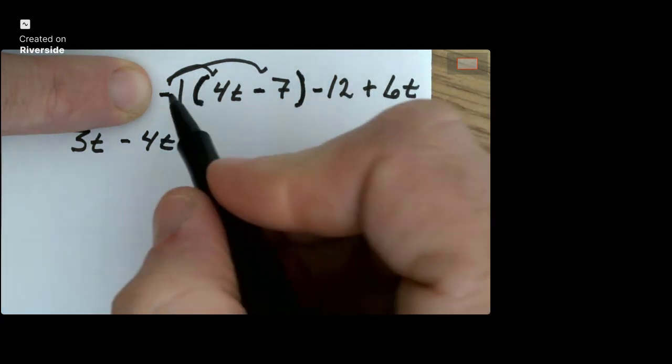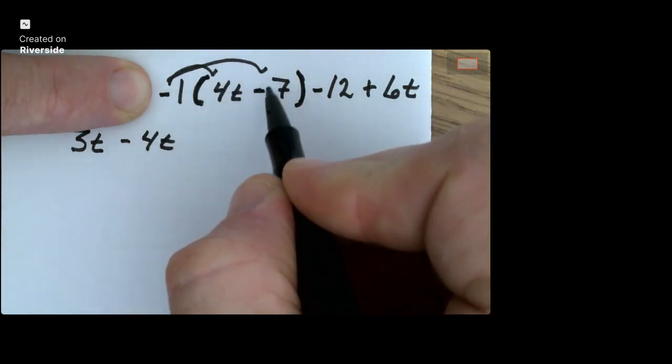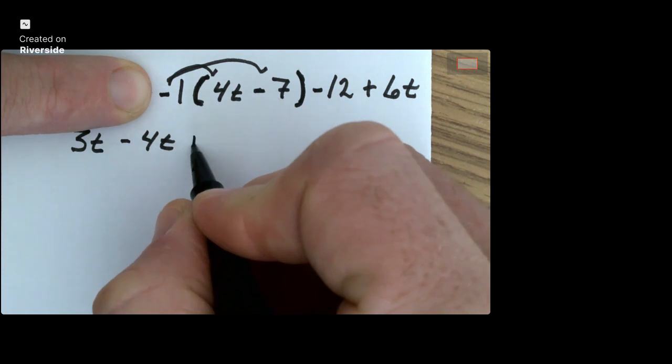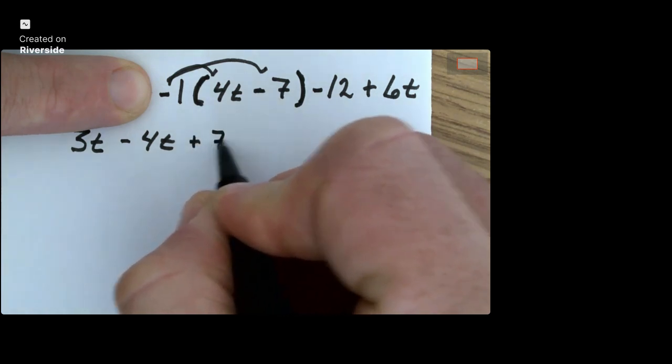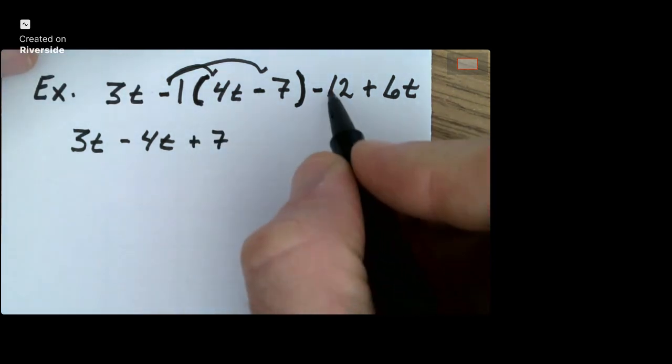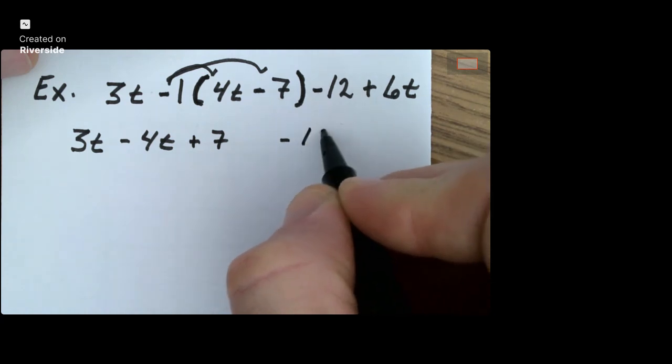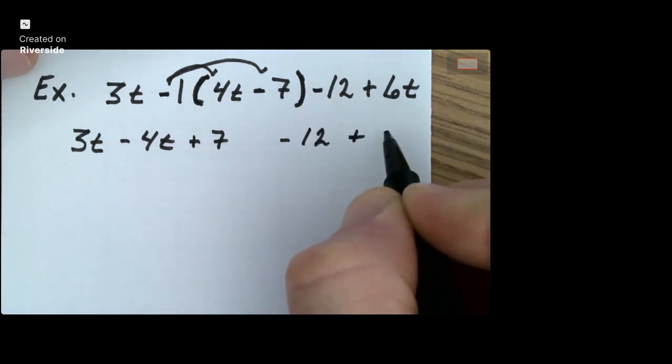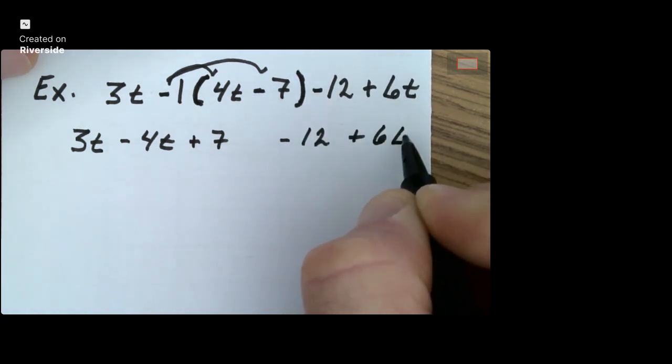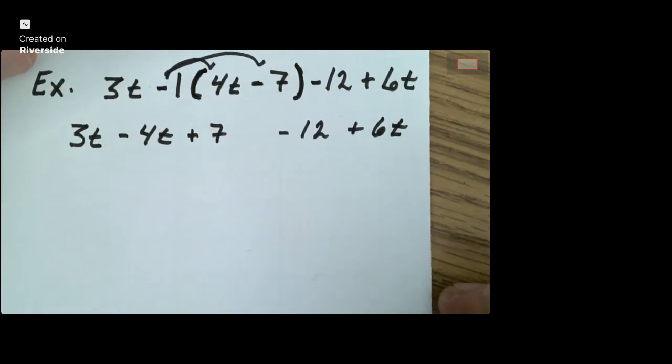Okay, and then that -1 is going to be multiplied by the -7, which is going to give us a +7, right? And then we'll just go ahead and bring down that -12 and that +6t.